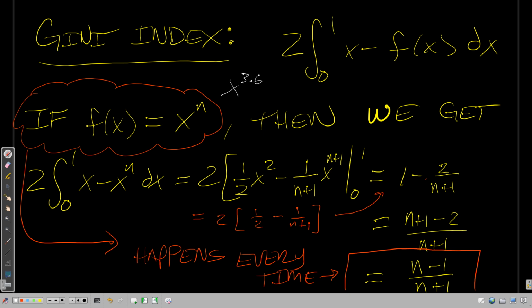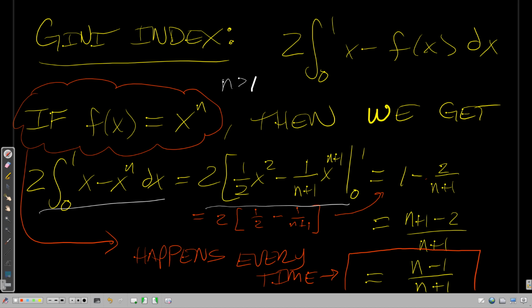That's just x to some power. So I guess we'll say n greater than 0. Actually it should be n greater than 1, sorry. Then whenever that happens, your Gini index would look like this.